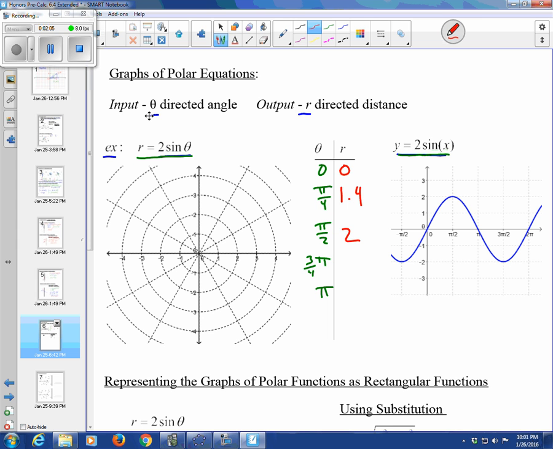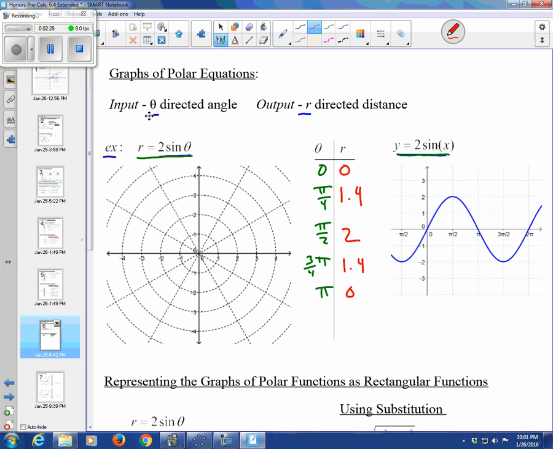We plug in 3/4 pi, that's again square root of 2 over 2, multiplied by 2 just gives us square root of 2, approximately 1.4 again. When we plug in pi, we get an output of 0 from sine, so 2 times 0 is 0.